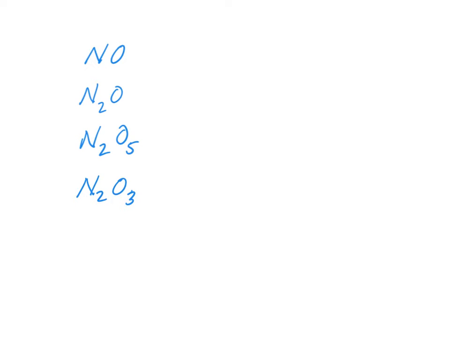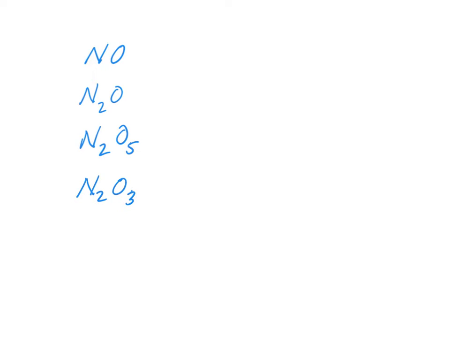They are bonded to each other by covalent bonds. Okay? So now we need a scheme for naming these things, because I can't just call this nitrogen oxide, or this nitrogen oxide, or that nitrogen oxide. I need to be more specific about the numbers of nitrogens versus oxygens in these molecular compounds.